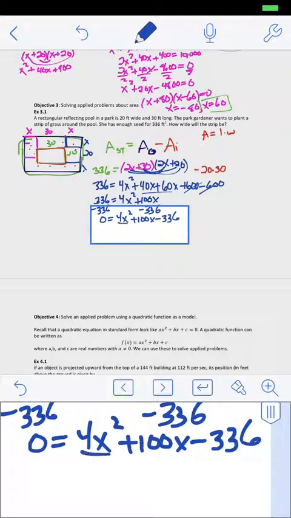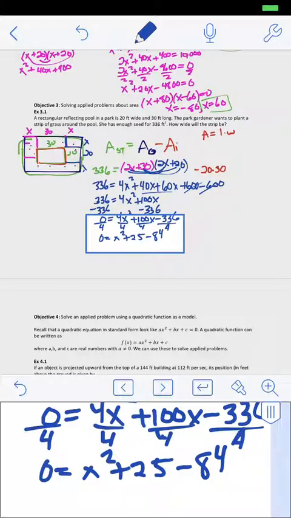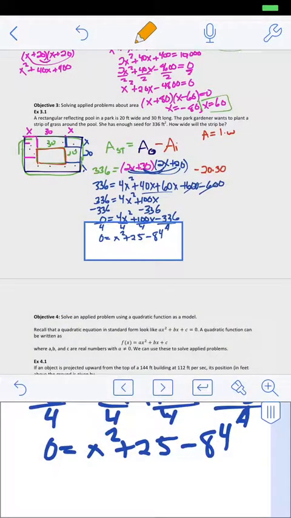Everything here is divisible by 4, so I can divide everything by 4, maybe make my life easier. And I end up with 0 is equal to x squared plus 25x minus 84. And now I can solve this. I can choose any way I want.